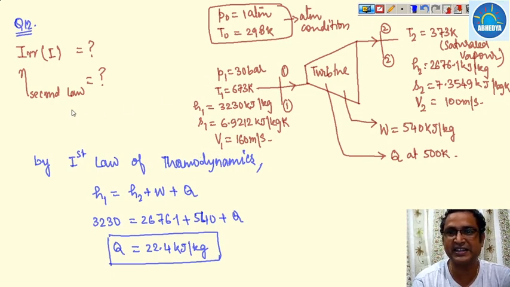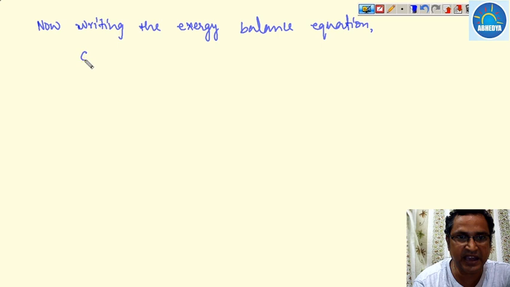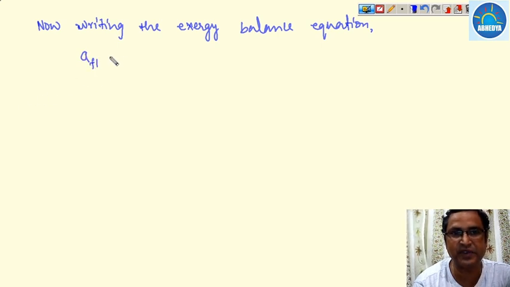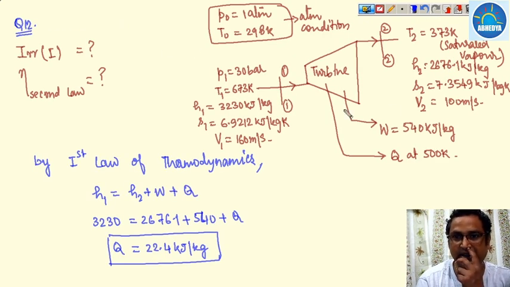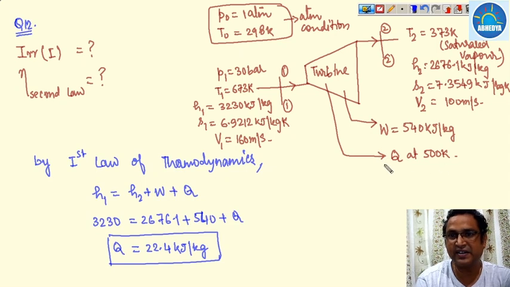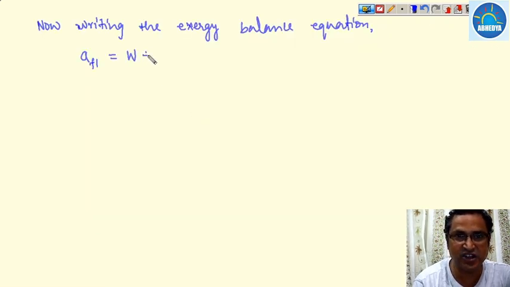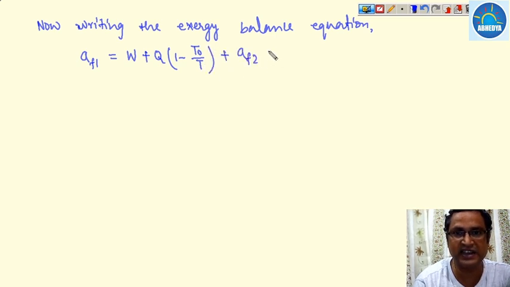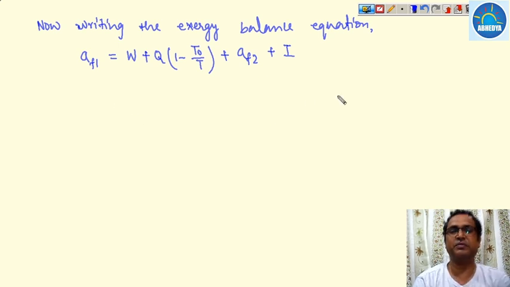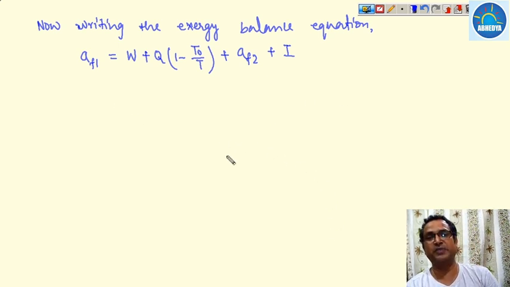So I am writing it is AF1, that is exergy at inlet, is nothing but it is W, that is coming out. At outlet it is W, as well as the heat. This heat is coming out, so with respect to this heat, exergy will be there. So this heat Q of 1 minus T naught upon T plus AF2 obviously, and irreversibility because entropy has been generated.